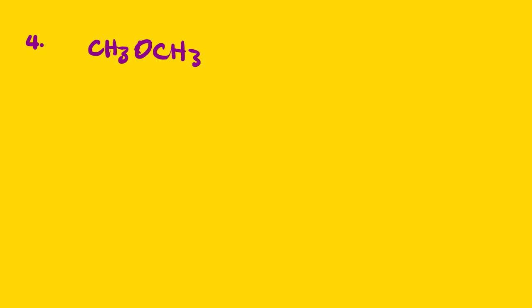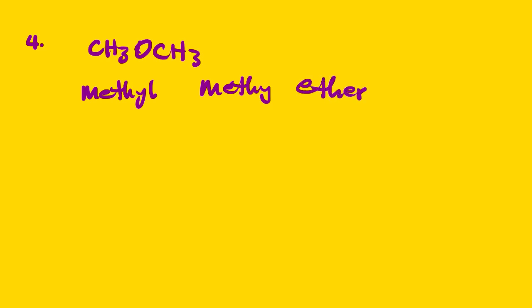We don't have the small group whereby we can convert it to alkoxy. So we simply have methyl ether, but we cannot really say methyl ether. We know that if we have two identical substituents, we can simply say dimethyl ether.